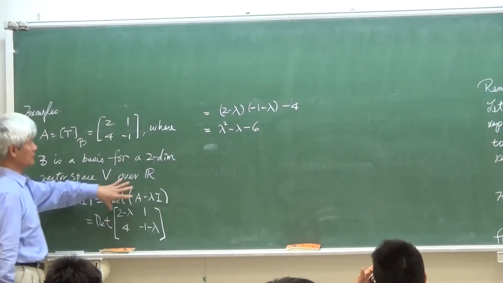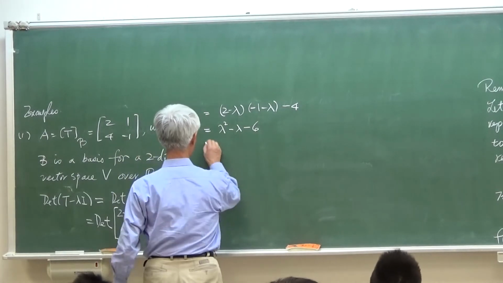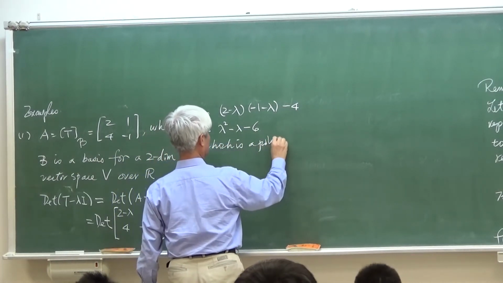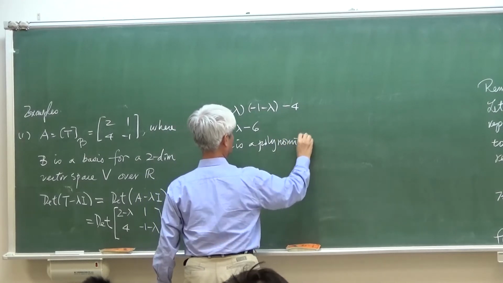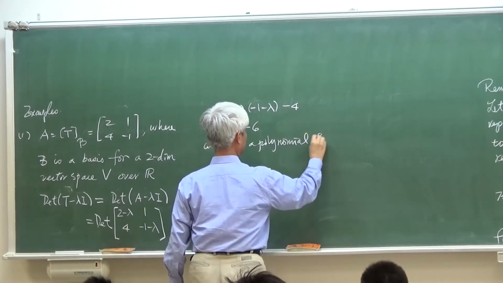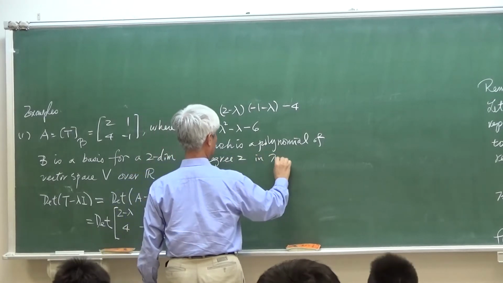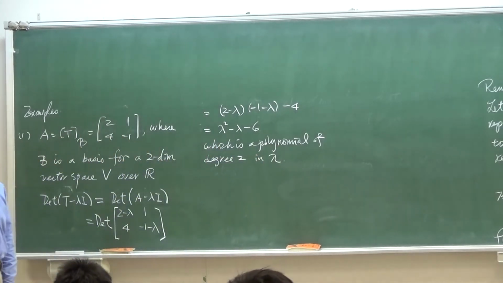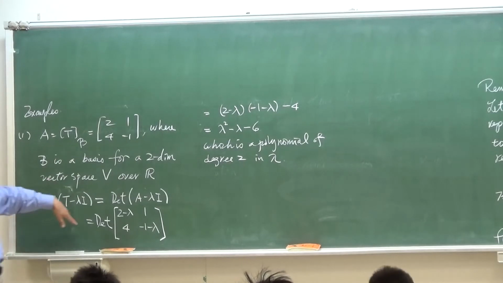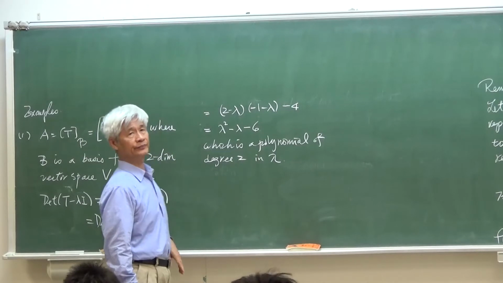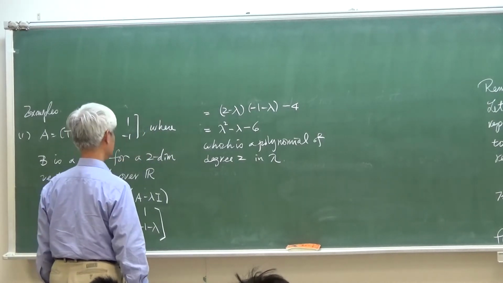This determinant is a polynomial of degree 2 in lambda.